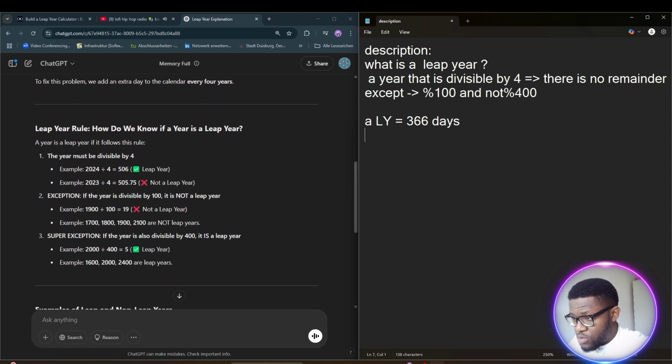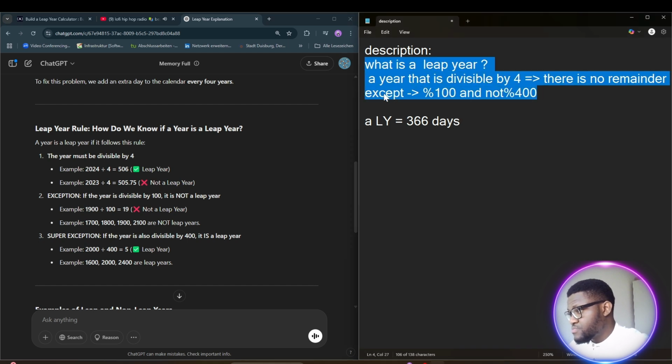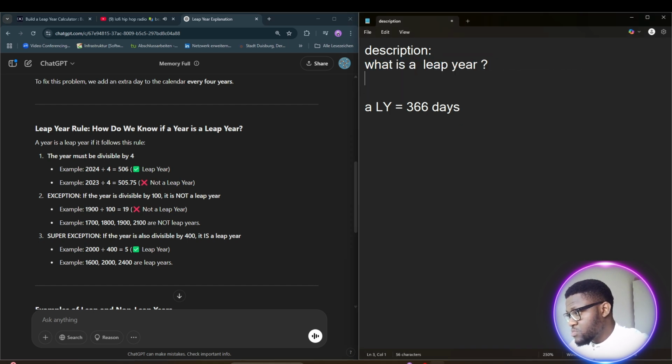Leap year rules: how do we know if it's a leap year? The year must be divisible by 4. So that's the first rule: divisible by 4.